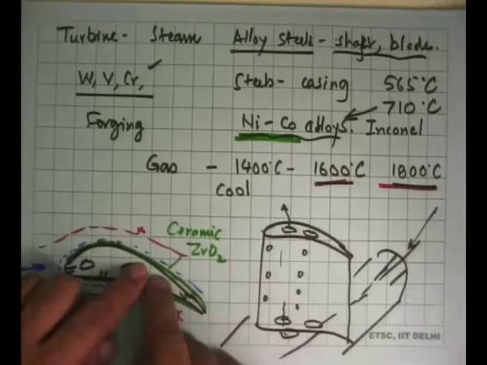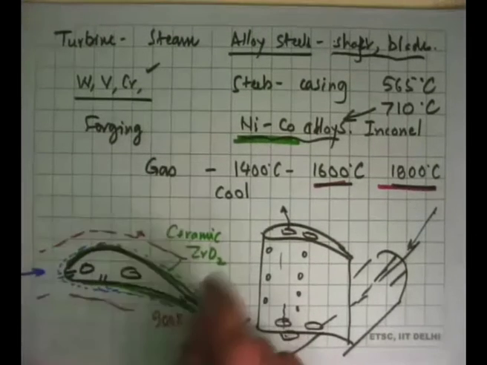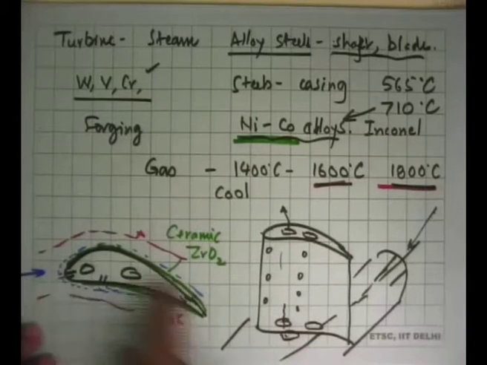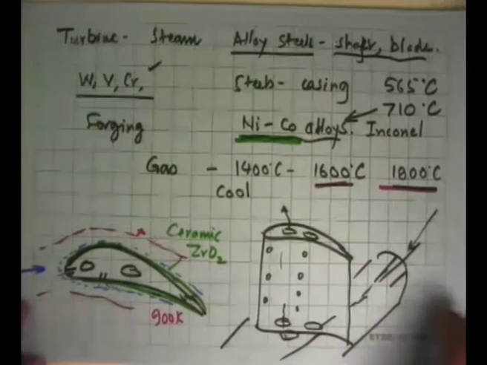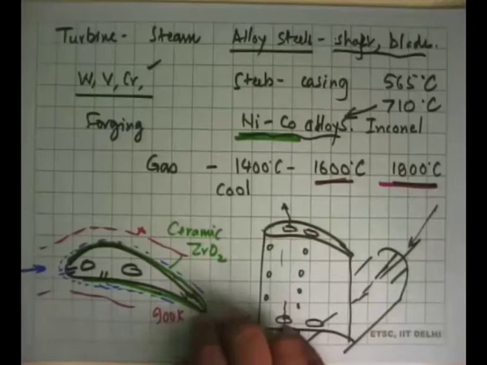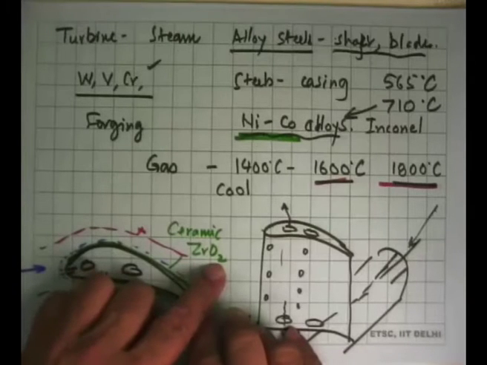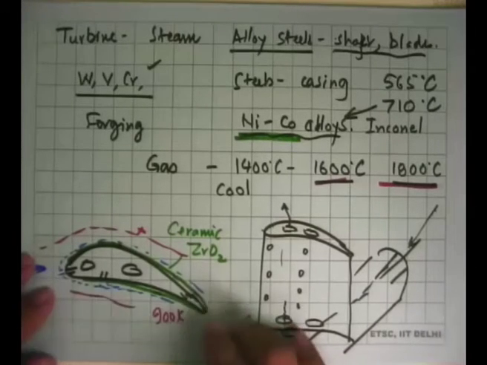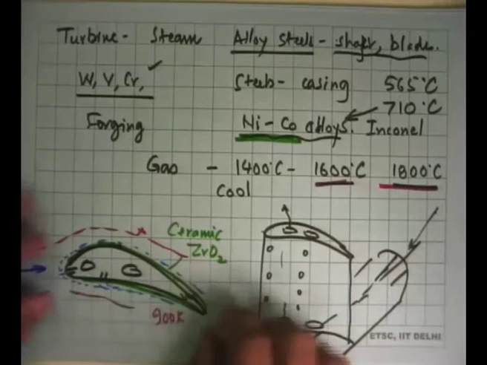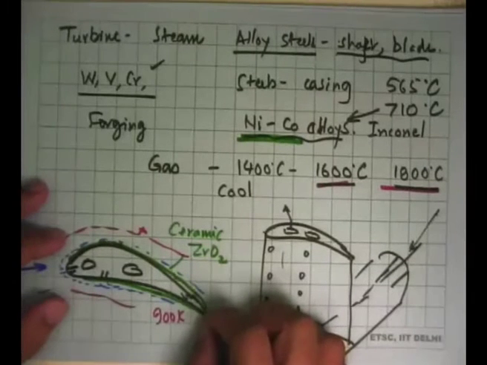So the process of making a zirconia coating on a nickel cobalt alloy is extremely complicated, and we build layers and layers of different elements which stick to each other, and the last element in that is zirconium oxide. So this whole thing, casting of this blade, is a very sophisticated technology.